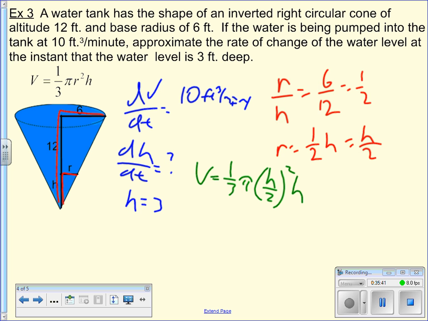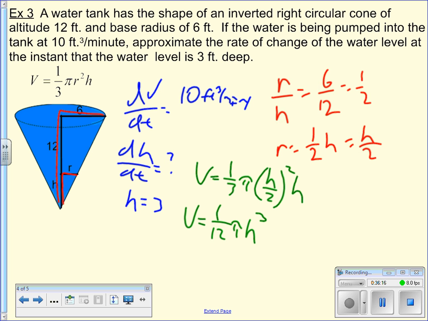Remember, most of calculus is algebra. Simplify. Because h over 2 squared is h squared over 4. 4 times 3 gives me my 12.